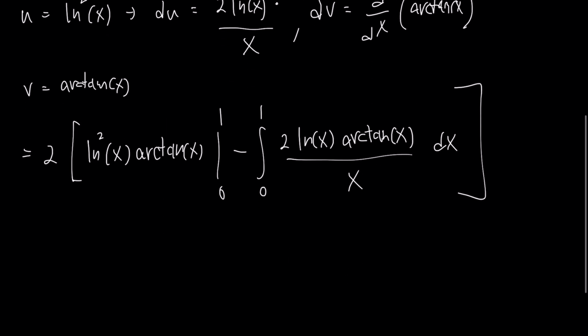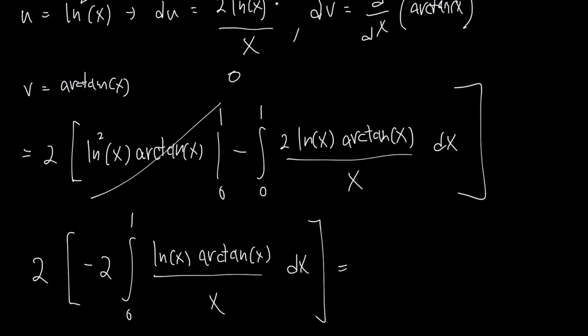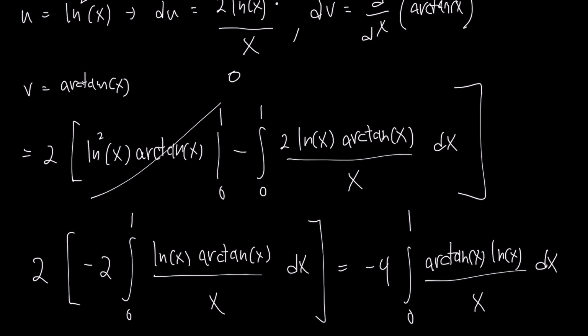And as x approaches 0 and x approaches 1, you can see that this limit tends towards 0. And we have twice of negative 2, the integral from 0 to 1 of ln x times the arctangent of x divided by x dx, which is equal to negative 4, the integral from 0 to 1 of the arctangent of x times the natural log of x over x dx.